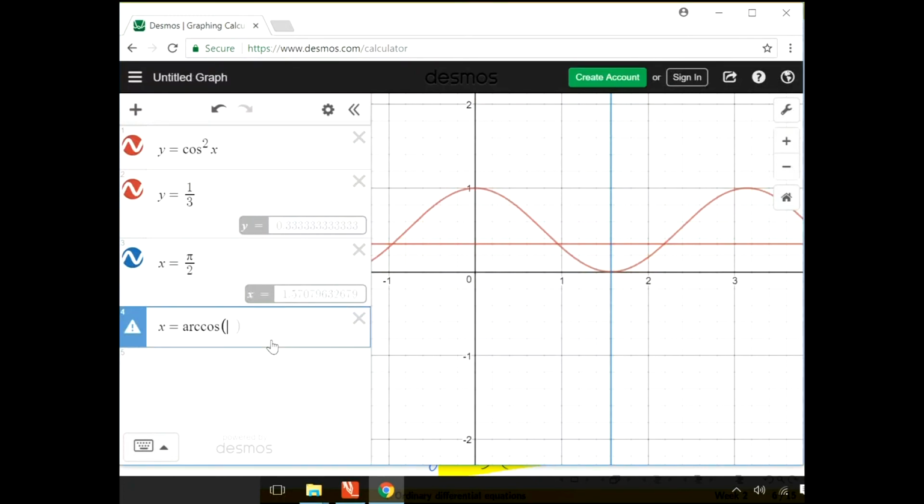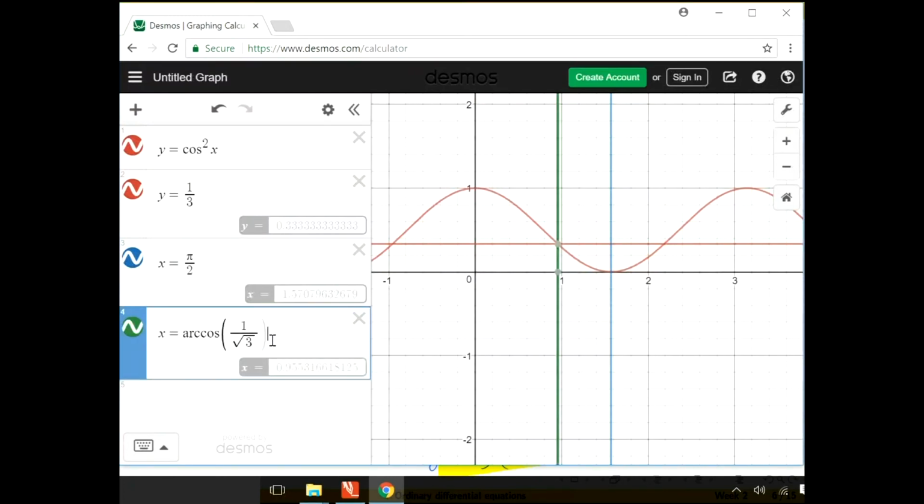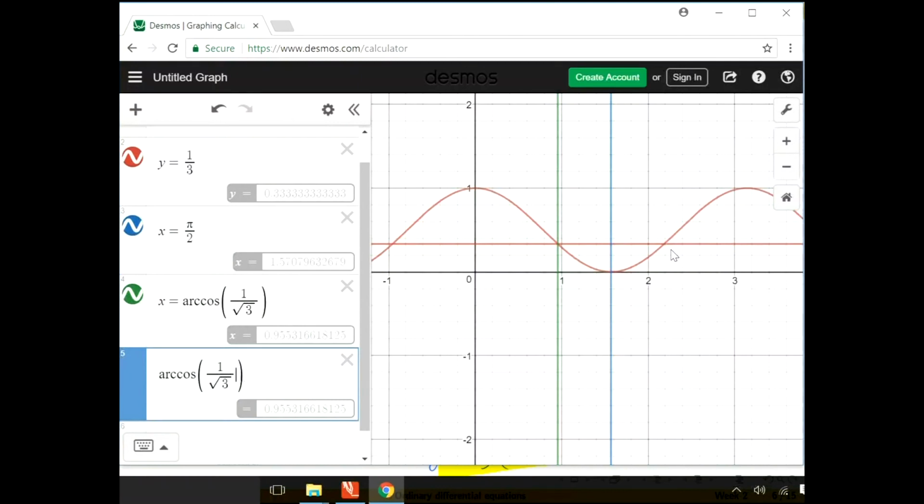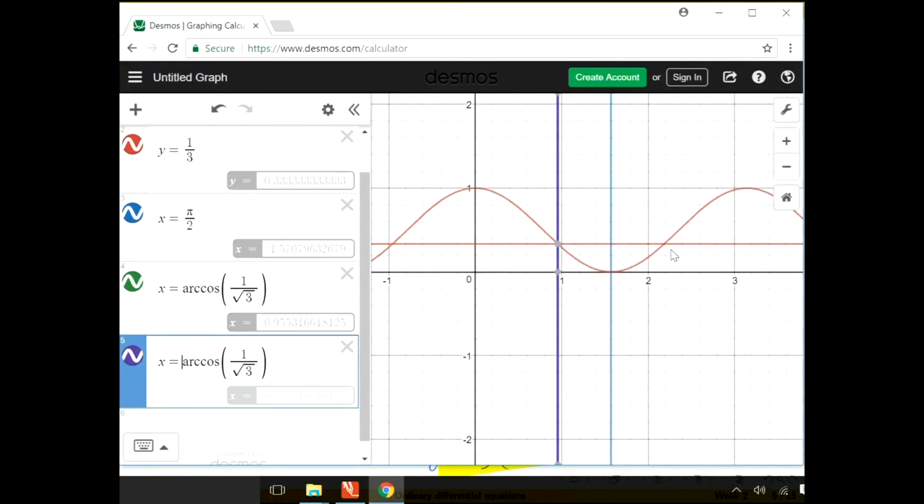Okay, now it works. This is the point, and the other one is the one that is symmetric to it about pi over 2. So I guess it has to be pi minus this?